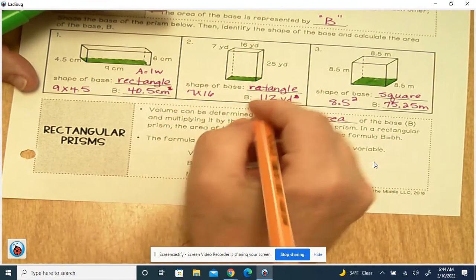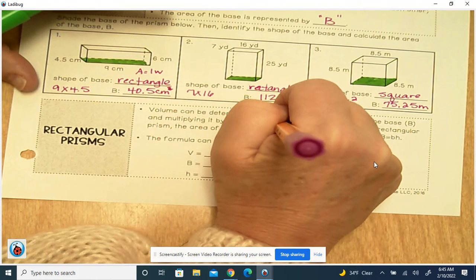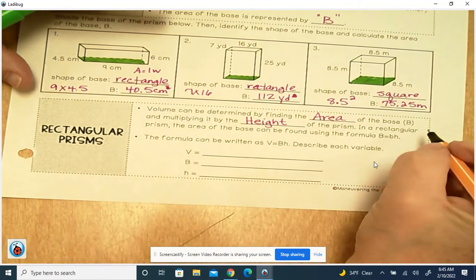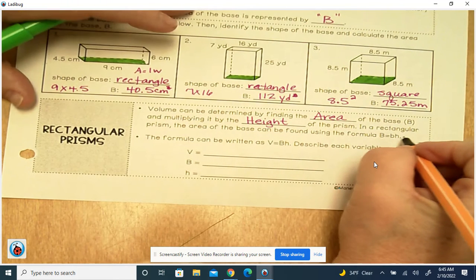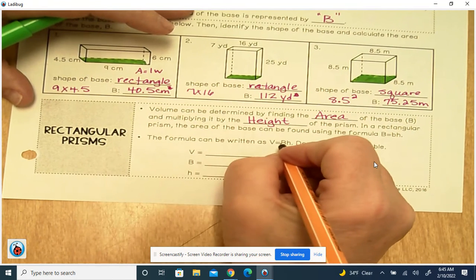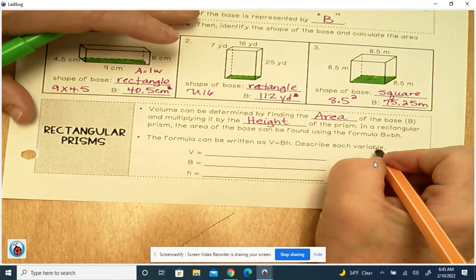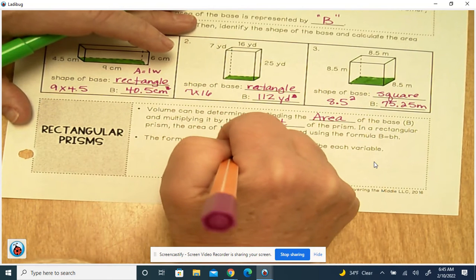and multiply it by the height of the prism. The formula can be written as V equals B times h, and we're going to describe each variable. V is the volume of the prism.